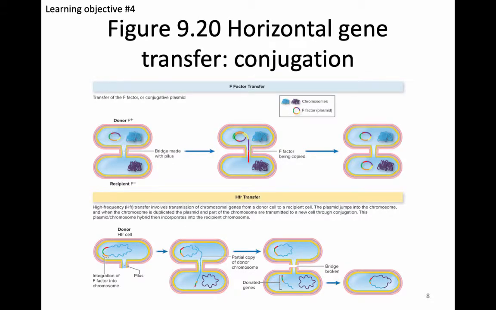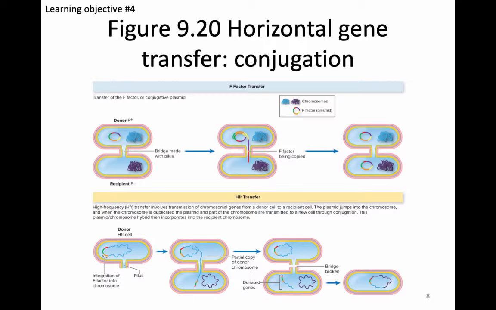So we have shown in figure 9.20 two different conjugations. So in the top, we have a donor cell, the F+ cell, so it has its genome or chromosomal DNA in blue, and the F plasmid is shown in a multicolor ring. The recipient is an F- cell, which has its chromosomal or genomic DNA in purple.